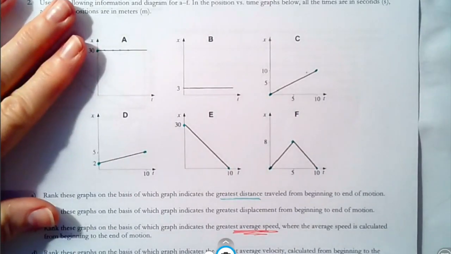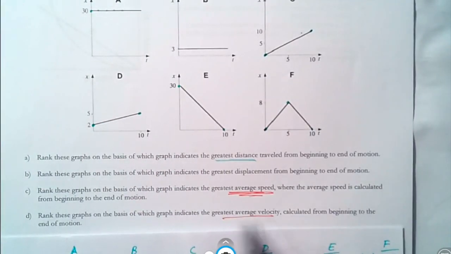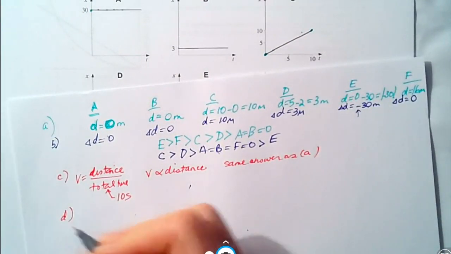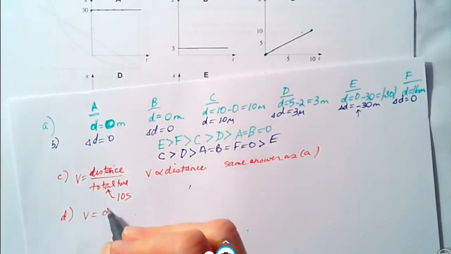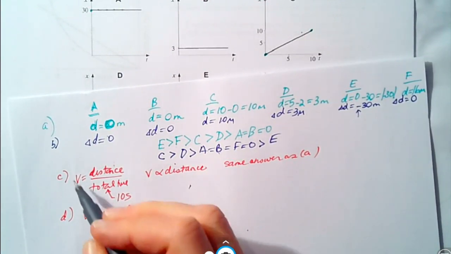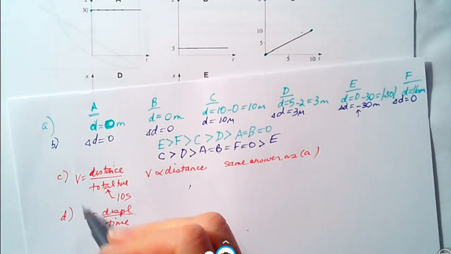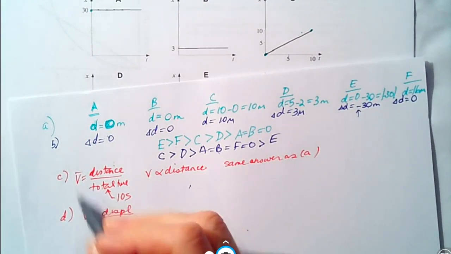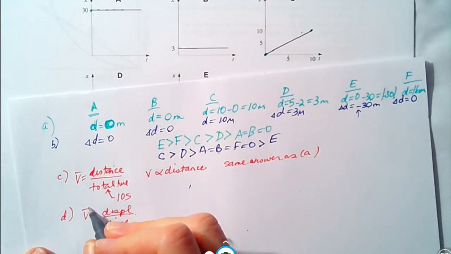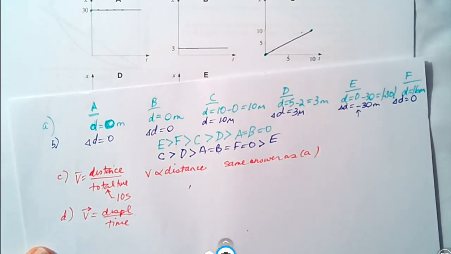D wants to know about the greatest average velocity. Okay, so if I'm going to look at the average velocity, velocity is displacement over time. Now notice there's no difference between average speed and average velocity in terms of what you're noting. Sometimes people will show average velocity with an arrow on top.